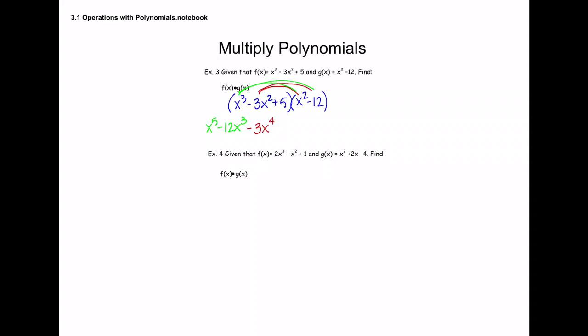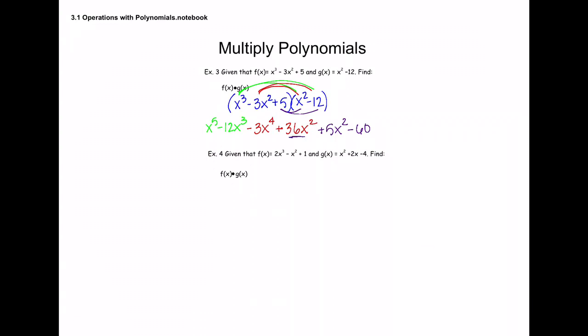Negative 3x squared times negative 12 gives us a positive 36x squared. When we distribute the 5, we get 5x squared. And 5 times negative 12 gives us a negative 60. We then need to make sure it's simplified by looking to see if there's any terms we can combine.